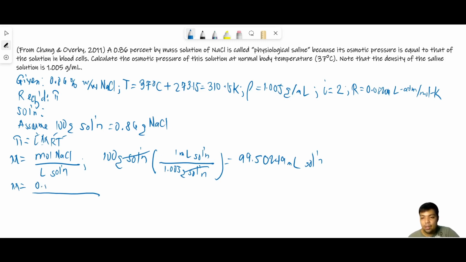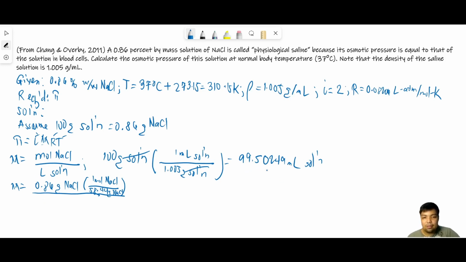So 0.86 grams of your sodium chloride. We convert this to moles by using its molar mass. So we have 1 mole of your sodium chloride divided by 58.44 grams of your sodium chloride. Next, we divide this by the volume in liters.